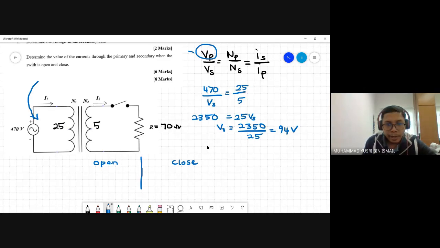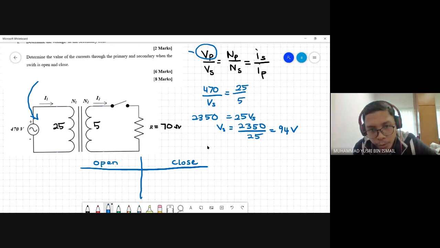What is the difference between open and closed circuit? Open means that the current cannot flow through the 70 ohm resistor. Meanwhile, if the switch is closed, the current can flow through the 70 ohm resistance.